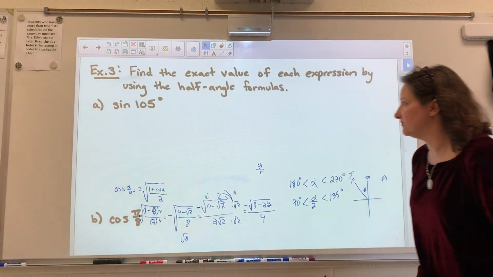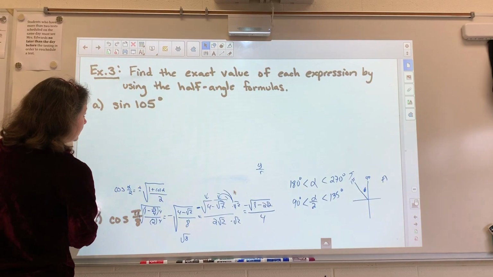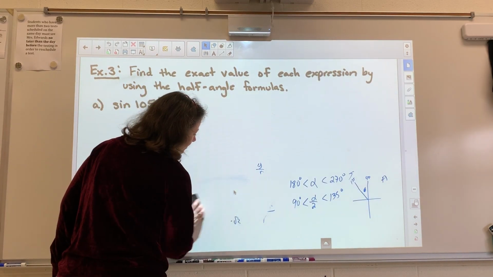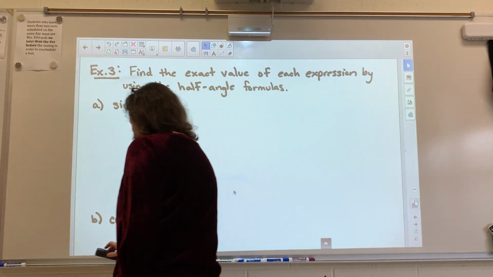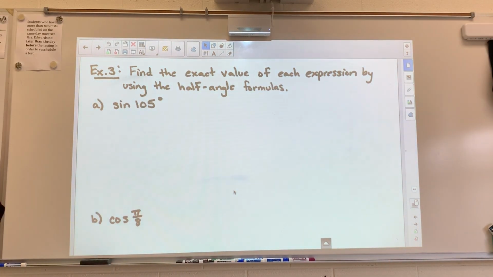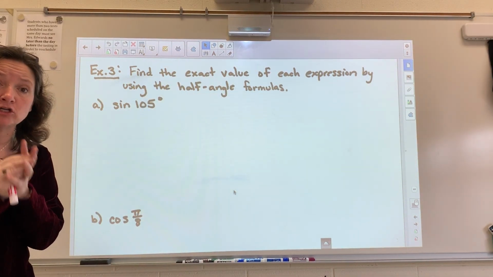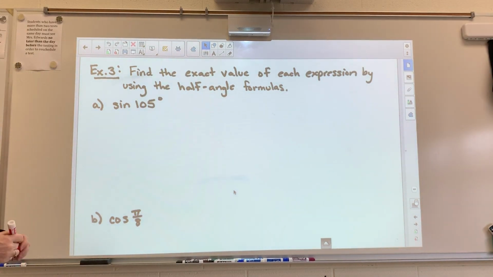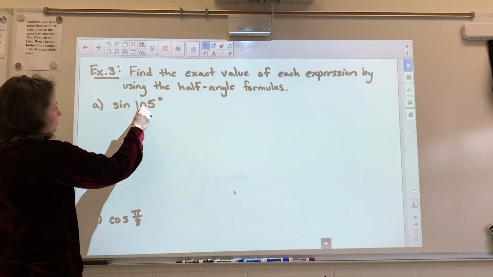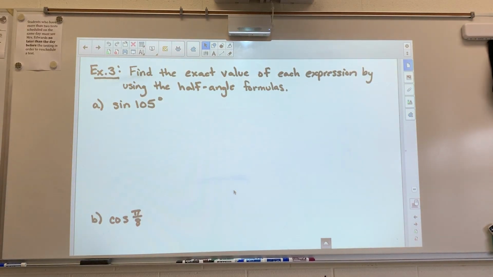Find the exact value of each expression using the half angle formulas. So we want to find exact values. Exact values means we're going to be working with those values you've memorized: 30, 45, 60, all those values. So we look at 105 degrees. I want to use a half angle formula.